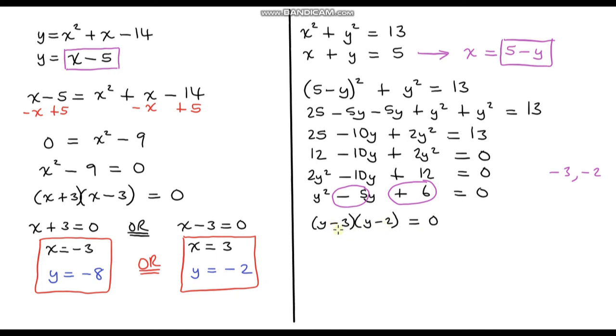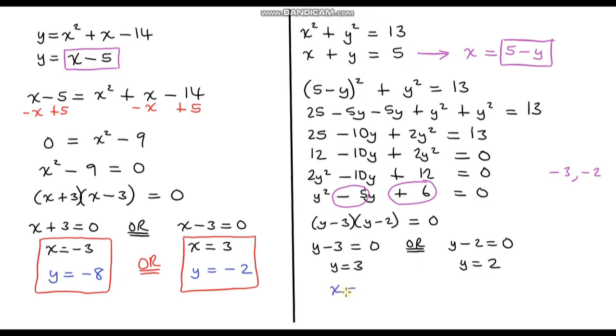So we're going to have two solutions again. Either y minus 3 equals 0, or the other solution is going to be y minus 2 equals 0. So what is our solution here? Well, this one is going to be y equals positive 3, and this one over here is going to be y equals positive 2. So finally, let's just substitute these values back into our linear equation.